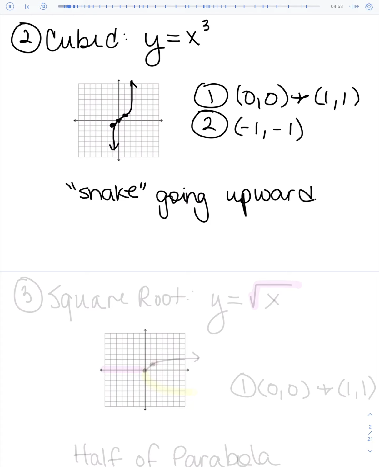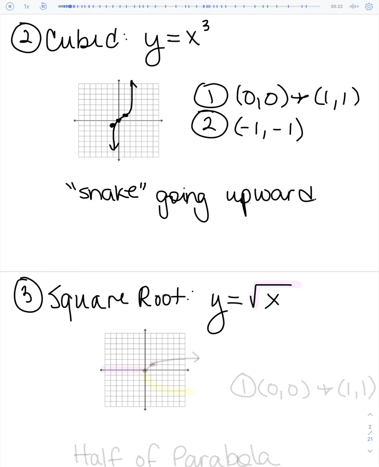Let's take a look at another graph that you should probably remember from college algebra, which would be the square root graph. The square root graph, which is y equals the square root of x, is going to look very similar to the parabola graph, just a slight tweak.